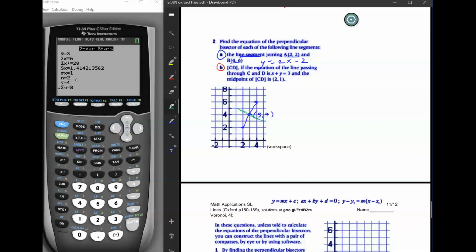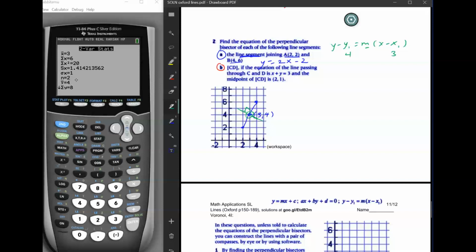And remember, the easiest way to write the equation of a line, if you know at least one point, which we do, (3, 4), and you know the slope, which we kind of do too because it's perpendicular to the blue slope, is point slope form or point gradient form, which is y minus y1 equals m times x minus x1, where m is the slope and (x1, y1) is the point that you know. So the point we know is (3, 4), so I'm going to write it right there. x and y, by the way, you don't fill in, right? Otherwise, it's not the equation of a line anymore.